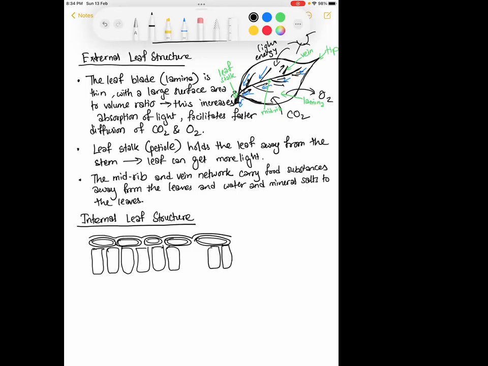I don't know, you have to know these in detail. Have you ever heard about palisade mesophyll? Yeah, I think we have to label them and write. Okay. So these are the cells that actually have chloroplasts. The dotted things that I'm drawing, those are actually chloroplasts.